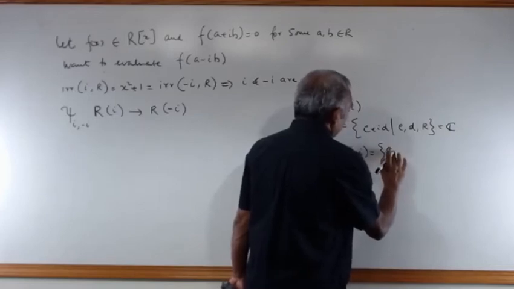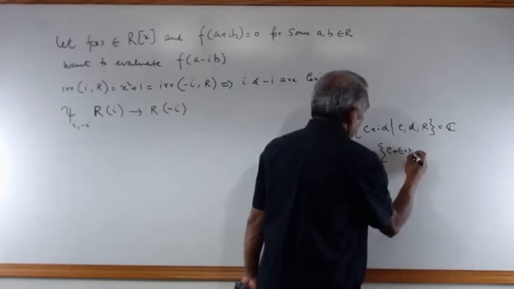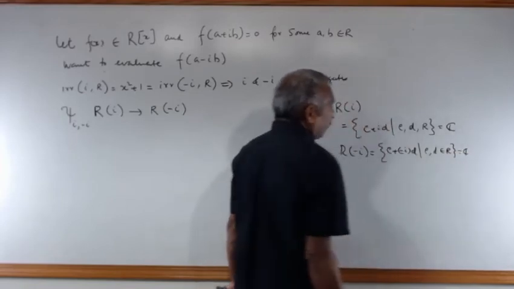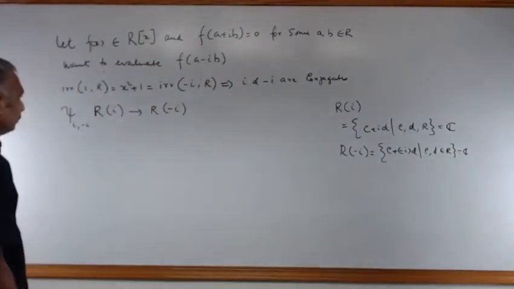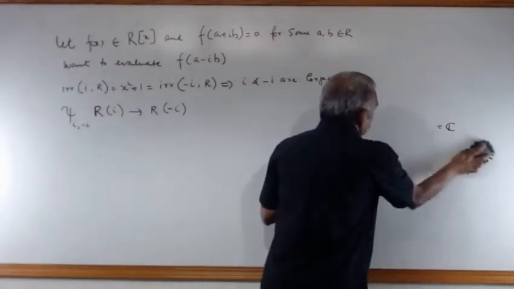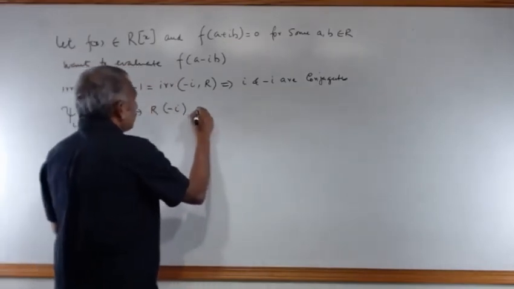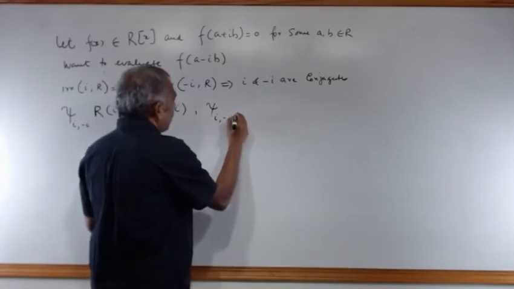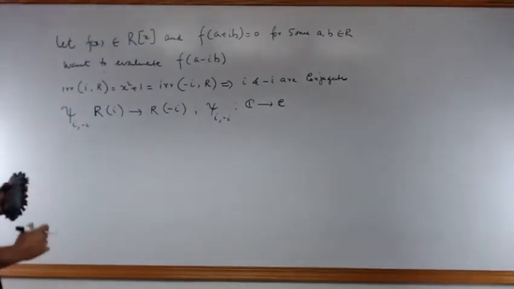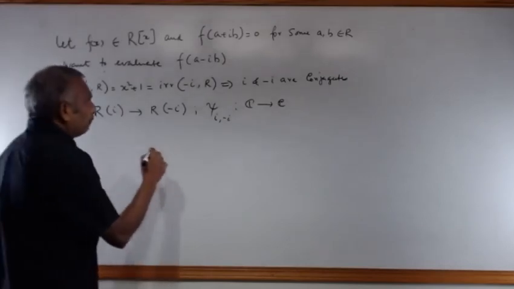Actually this will be c minus id, c comma d in R, which is again equal to C. So this is actually the conjugate isomorphism psi i comma minus i from C to C. And what is the definition of the conjugate isomorphism?